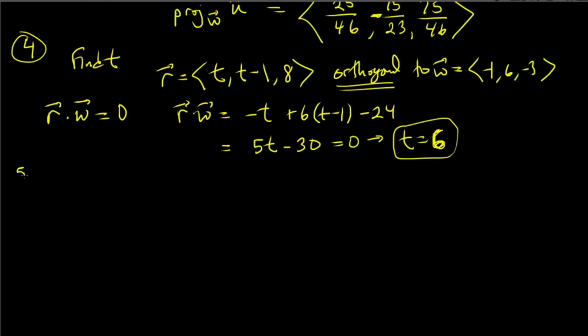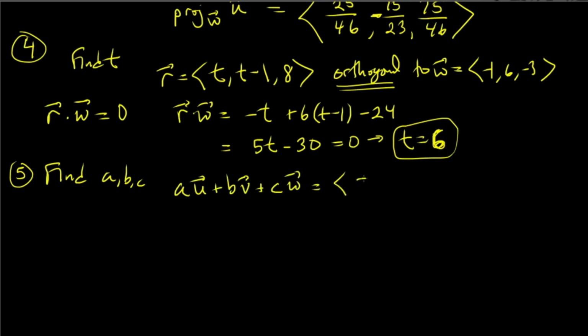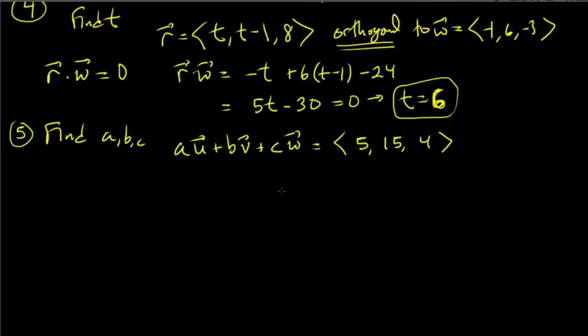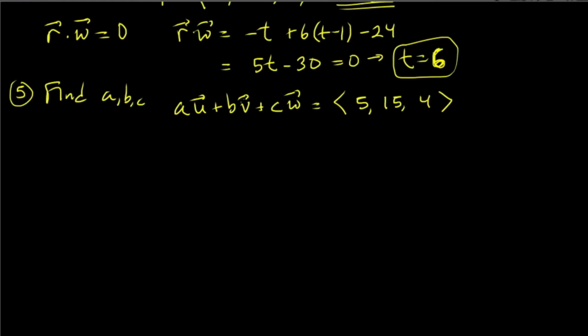Number 5. Here we want to find three numbers, a, b, and c, such that a times the vector u plus b times the vector v plus c times the vector w equals the vector with components 5, 15, and 4. Essentially this is a linear algebra problem, and if you don't recognize it as such, that's okay.